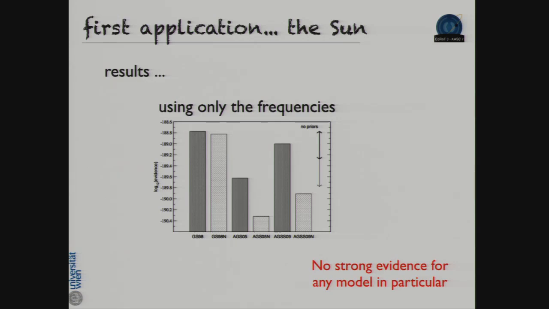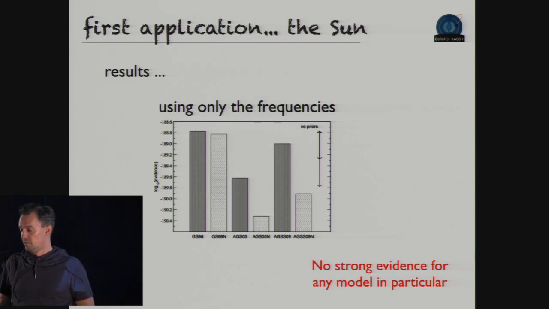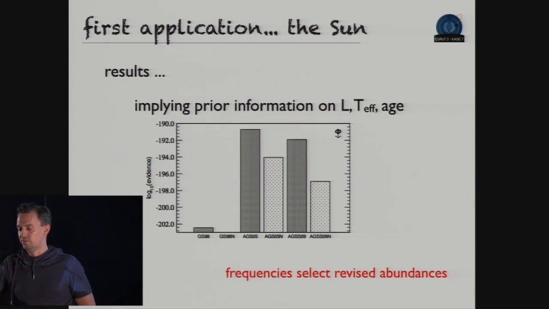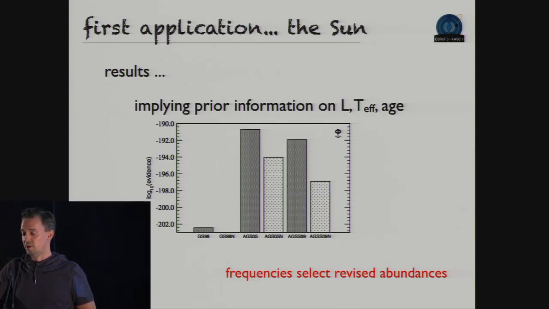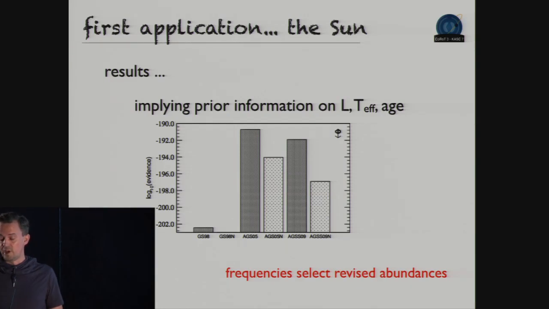They actually found that the frequencies alone did not provide enough evidence for any of these models. So the next step was to apply some prior information. We know the fundamental parameters of the sun to really good precision, so also the models should have the same fundamental parameters. Doing so, they found that the frequencies suddenly selected the revised abundances.